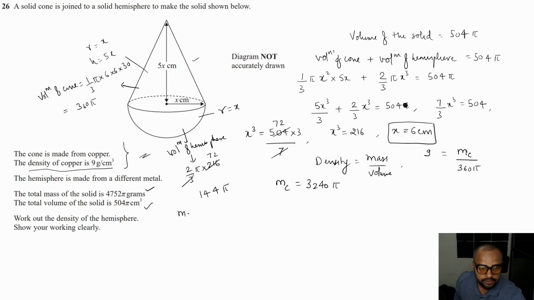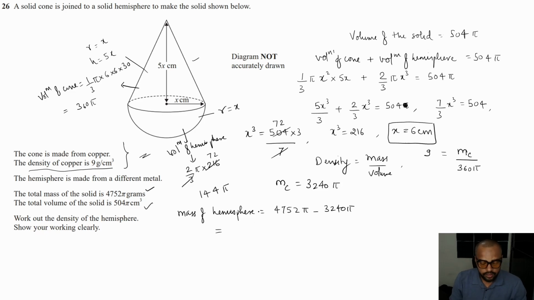So what will be the mass of the hemisphere? Mass of the hemisphere will be total mass of the solid, 4752 pi, negative of 3240 pi. Okay, this will be the mass of the hemisphere.